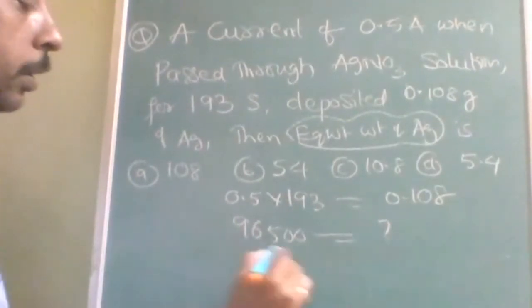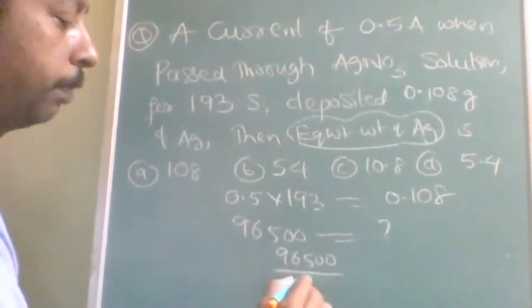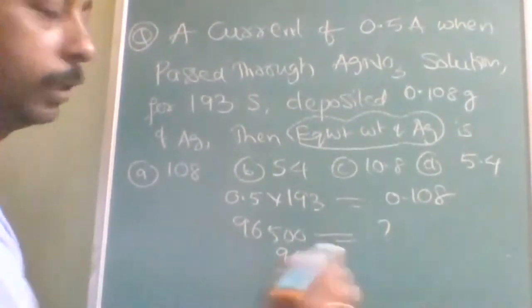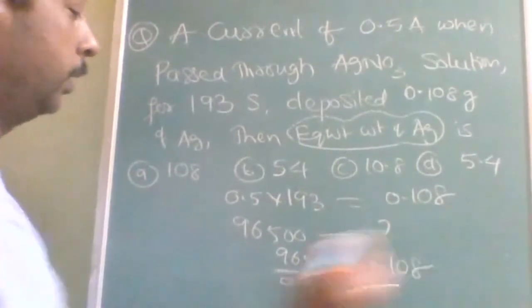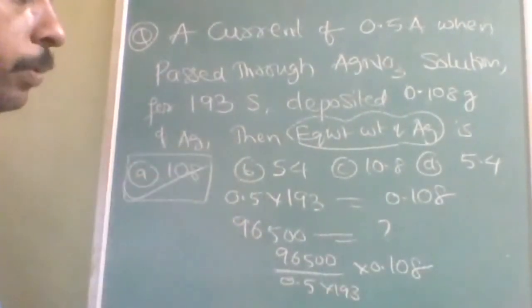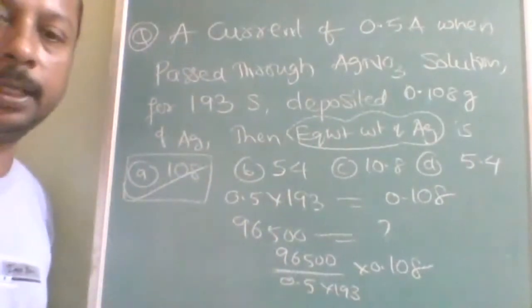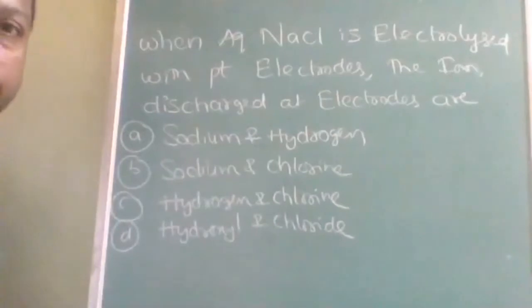So 96500 divided by 0.5 into 193, into 0.108. On simplifying, you will get option A. So A is correct. Note down. Okay, next question.